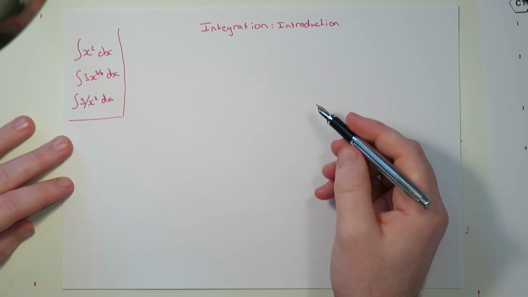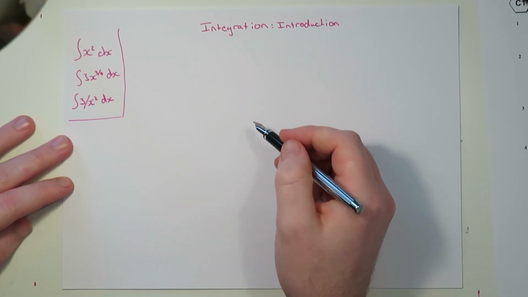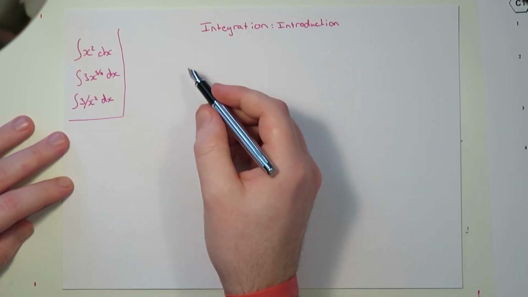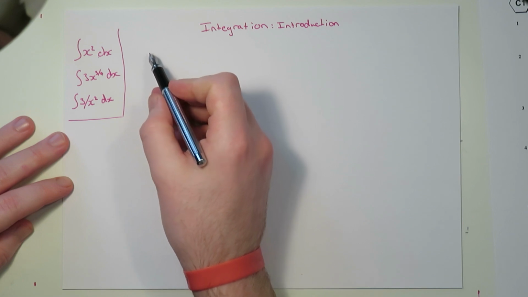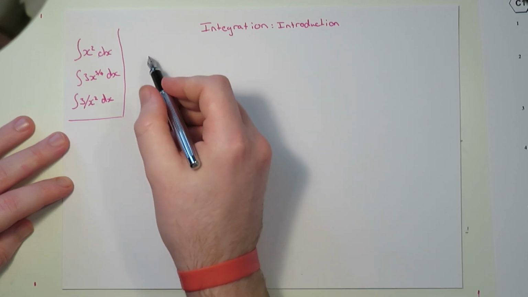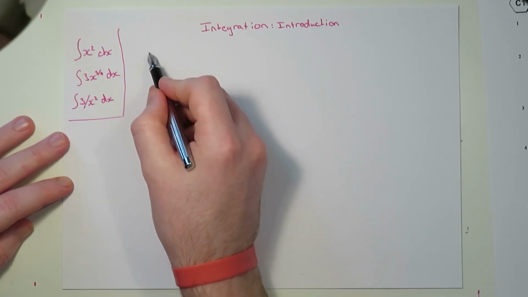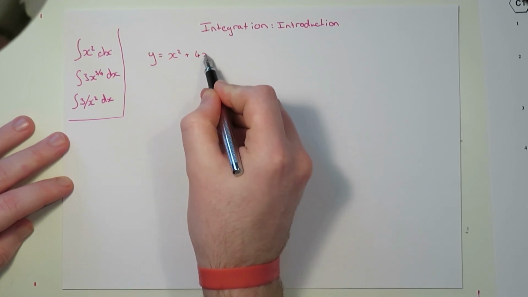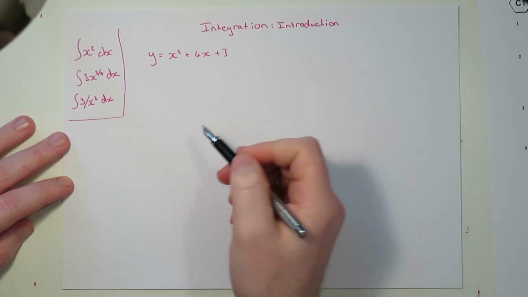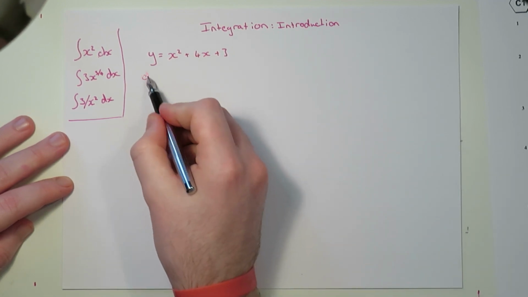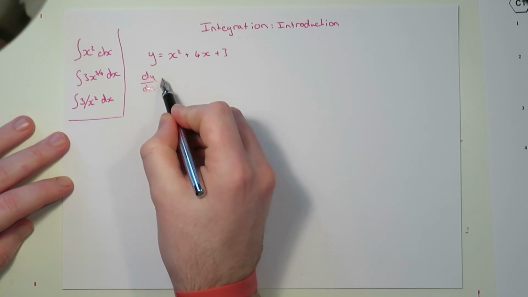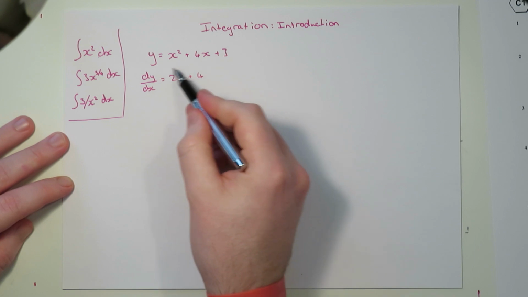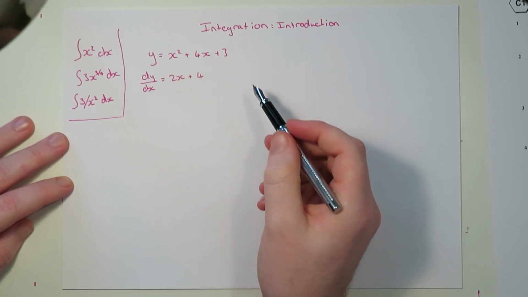So like I said, I'm not going to tell you what integration is or what it means or anything like that. Let's just get people actually doing something. In a previous video I looked at differentiation. I said that if you have an equation of a curve, say y equals x squared plus 4x plus 3, and you differentiate that, and again I'm not going to go through what differentiation is here, this video looks at integration, that is what you get.